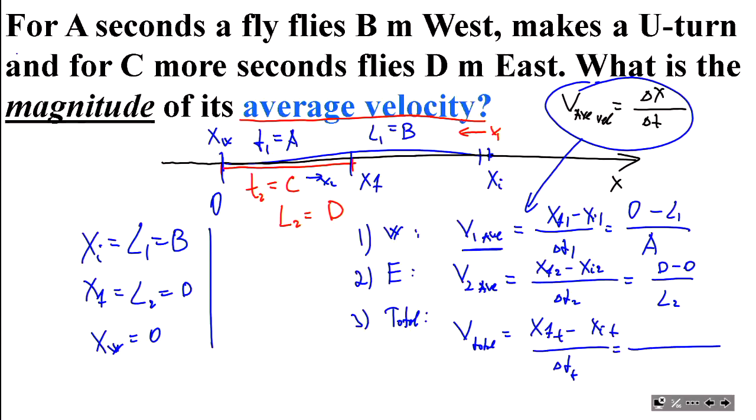Well, x final relative to our origin for the total equals L2. X initial equals L1. Total time, of course, will be equal to first plus second. So it's going to be a.